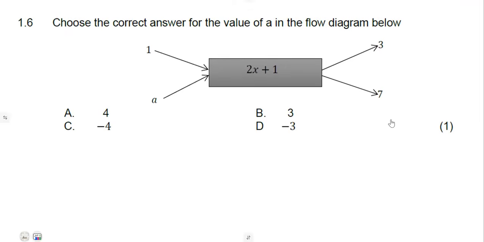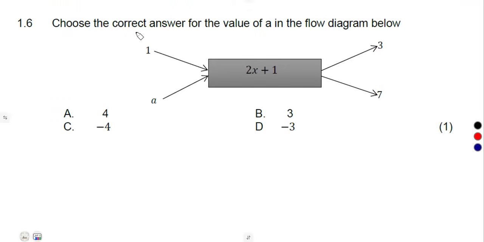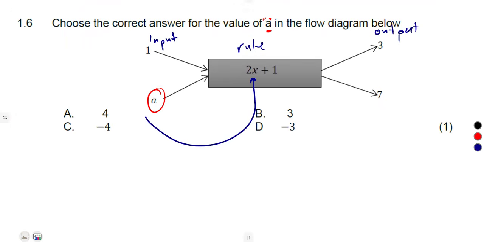Let us consider 1.6. Choose the correct answer for the value of A in the flow diagram below. So A is the input, as we have the input, our rule, then the output. A is what you inserted in place of X to get the output of 7.